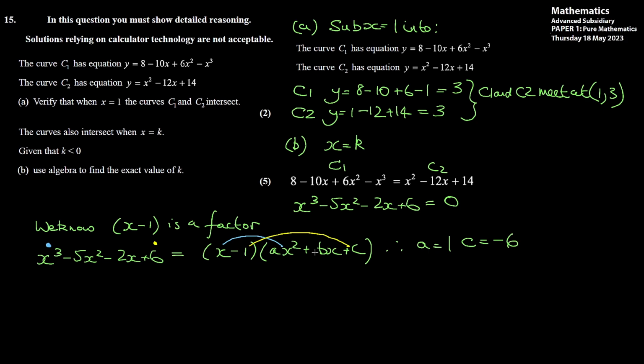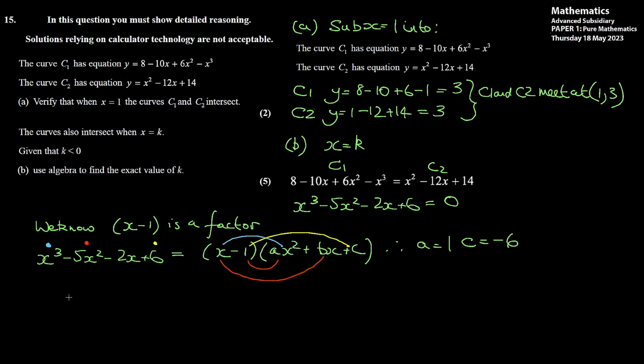So how do we get b? Well, we can get b by working out all the multiplications here that generate the x squared terms. Which of the multiplications generate x squared? Let's just go through it. Well, there's one there, and here's another one, and that's all.